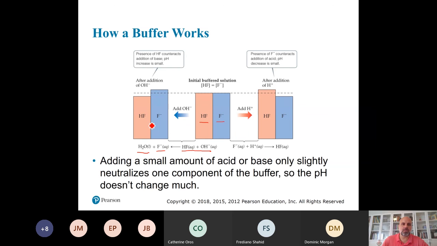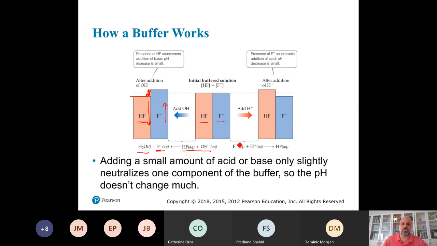So we have a decrease in the HF concentration, and we're forming more fluoride, so our fluoride concentration increases. But the key here, as you can see, is that this change is very small. We have a small decrease and a small increase occurring.